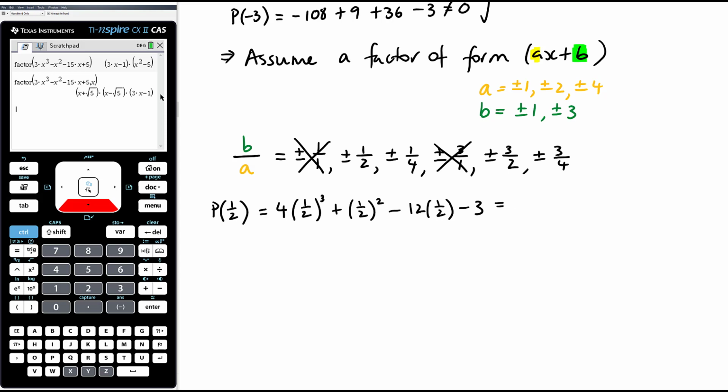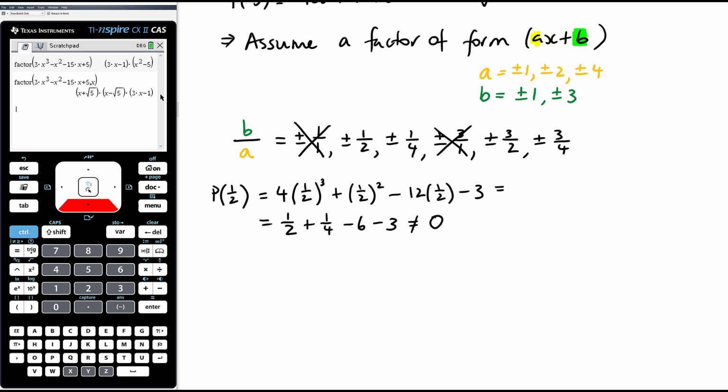So I'm just going to go straight here, that's 1/2, plus 1/2 squared is 1/4, minus 12 times 1/2 is 6, and minus 3. Okay, I don't need to work out what that is. I know that 1/2 plus 1/4 is 3/4, and negative 6 minus 3 is negative 9, and they're not going to add together to give 0, so it doesn't equal 0.